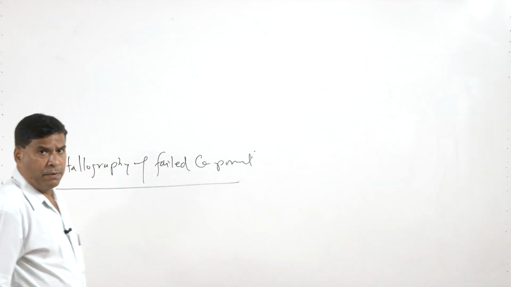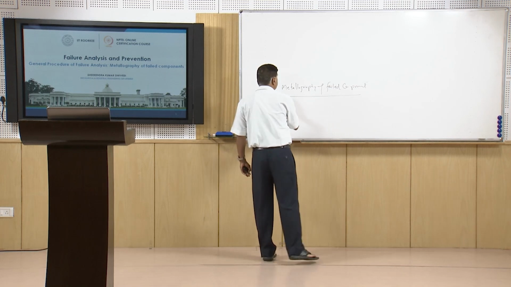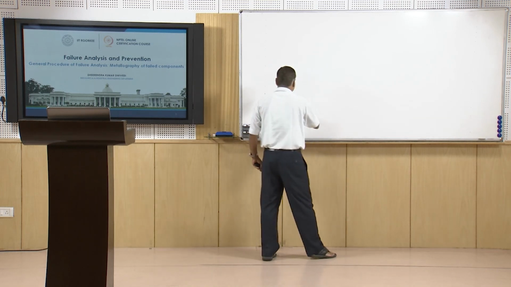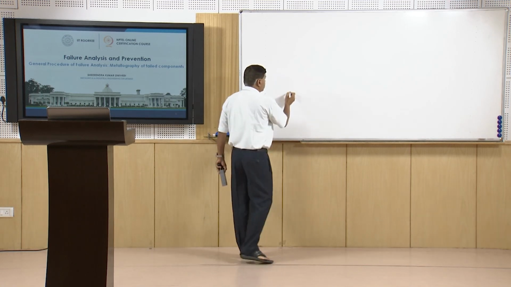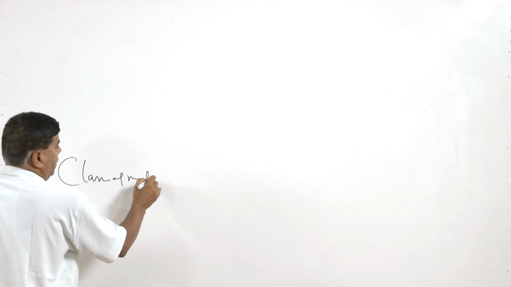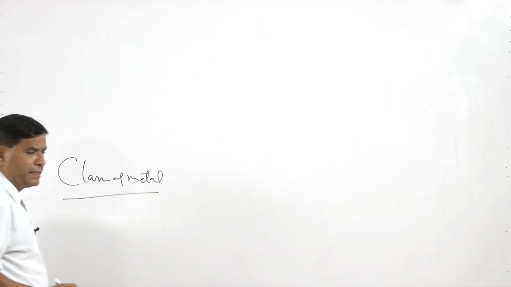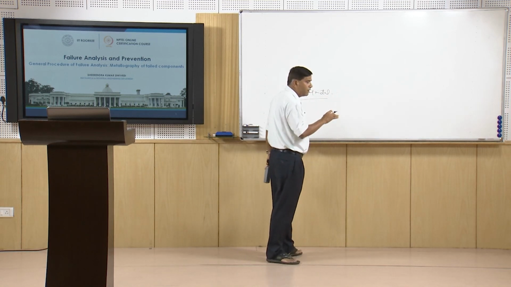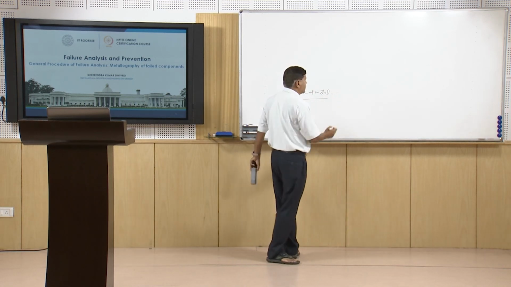As far as the purpose of the metallography is concerned, it will help in determining first the class of the metal which has failed. The class is identified by whether it has the desired features or what kind of undesirable features are there.